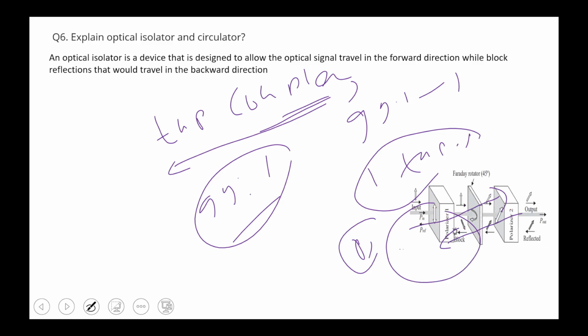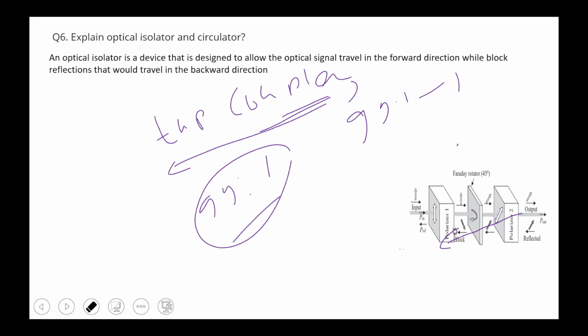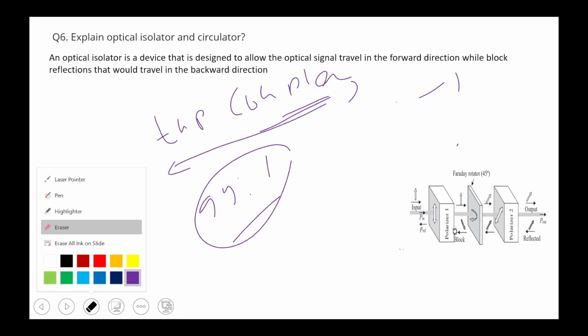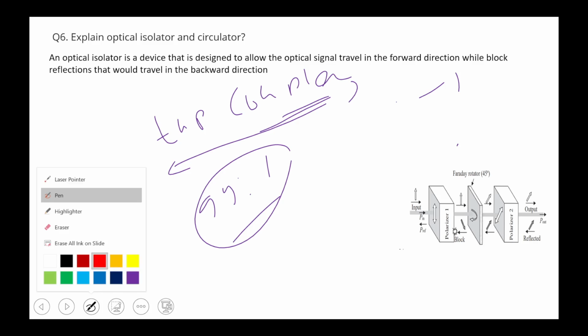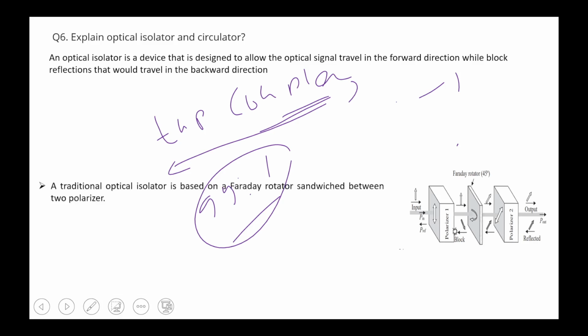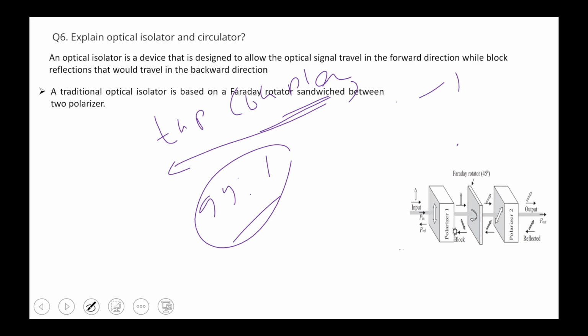You can see that there is a Faraday rotation. This is the input signal you have to transmit, and the input signal has power P in, and this is the reflected power.